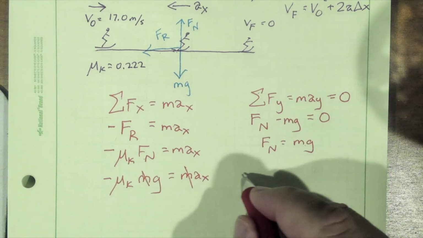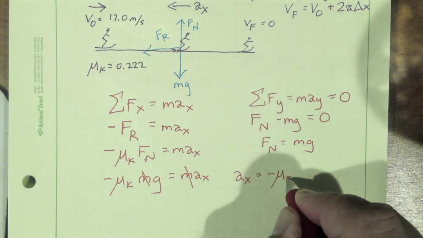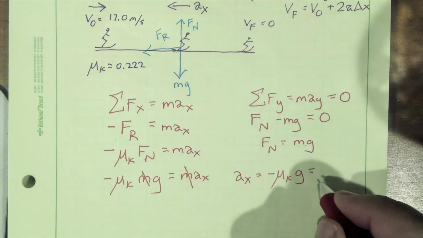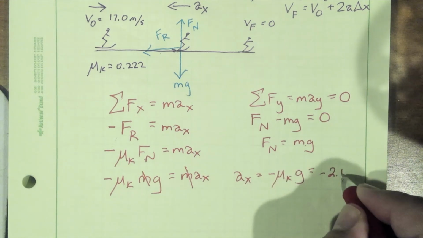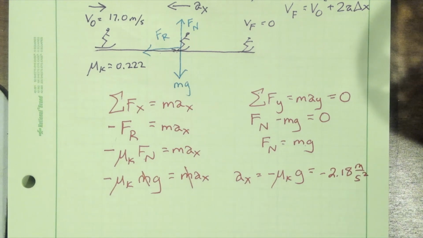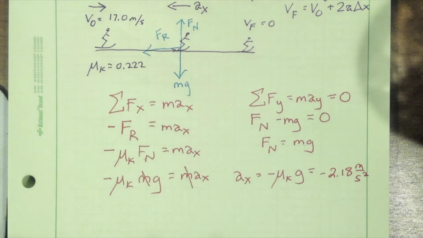And we wind up with the result of a_x equals minus mu k times g. And that works out to be negative 2.18 meters per second squared. Note the negative sign indicating that the direction of the acceleration is opposite to the direction of motion.